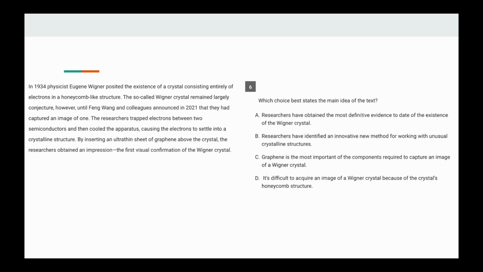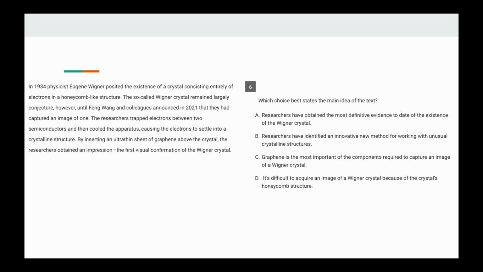The researchers trapped electrons between two semiconductors and then cooled the apparatus, causing the electrons to settle into a crystalline structure. By inserting an ultra thin sheet of graphene above the crystal, the researchers obtained an impression, the first visual confirmation of the Wigner crystal, or Wiener crystal, doesn't matter.